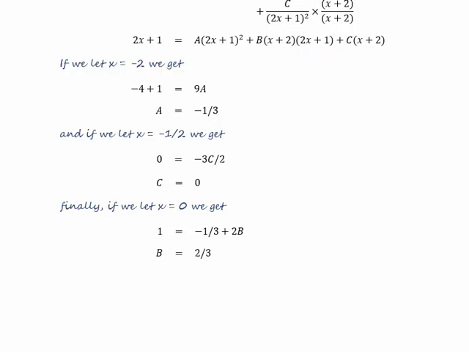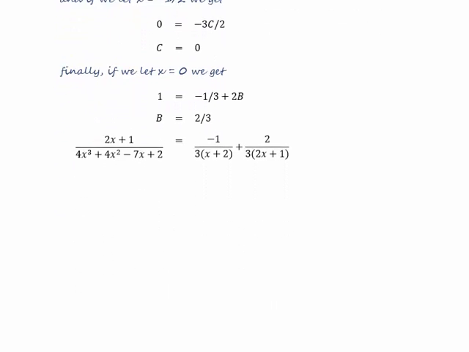So b is equal to 2/3. So putting these back into the original equation, we're going to get 2x plus 1 over 4x cubed plus 4x squared minus 7x plus 2 is equal to minus 1 over 3 brackets x plus 2, plus 2 over 3 brackets 2x plus 1. Is that correct?